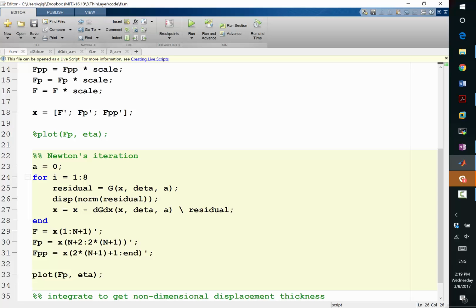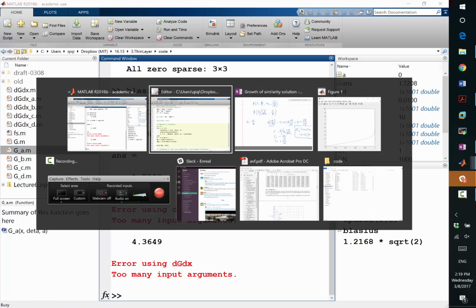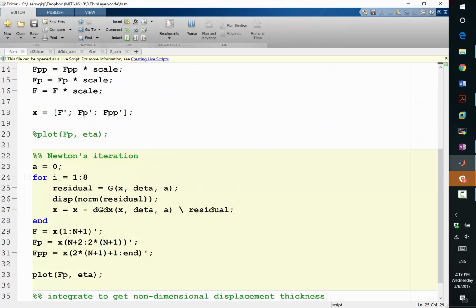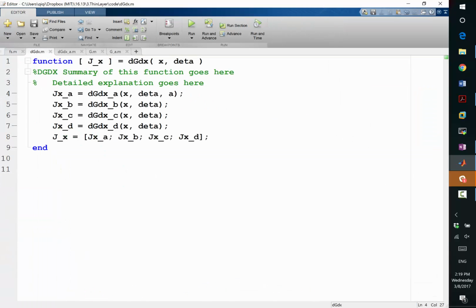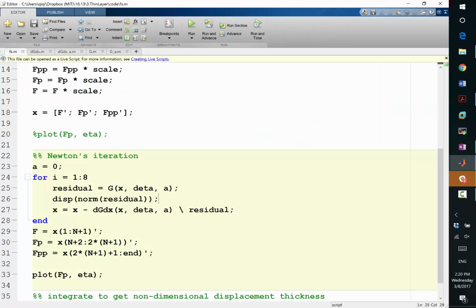The norm of a vector is basically a quantification of how big the vector is. If the norm is 0, that means the whole vector is 0. So let's try this. Too many input arguments. Oh, dg dx, I forgot to put in A. Okay, so let's try again.